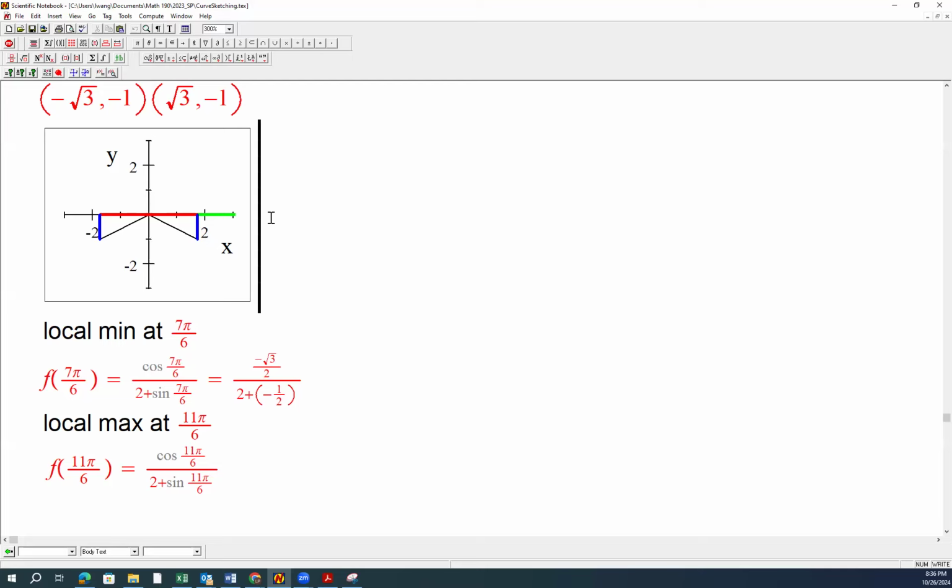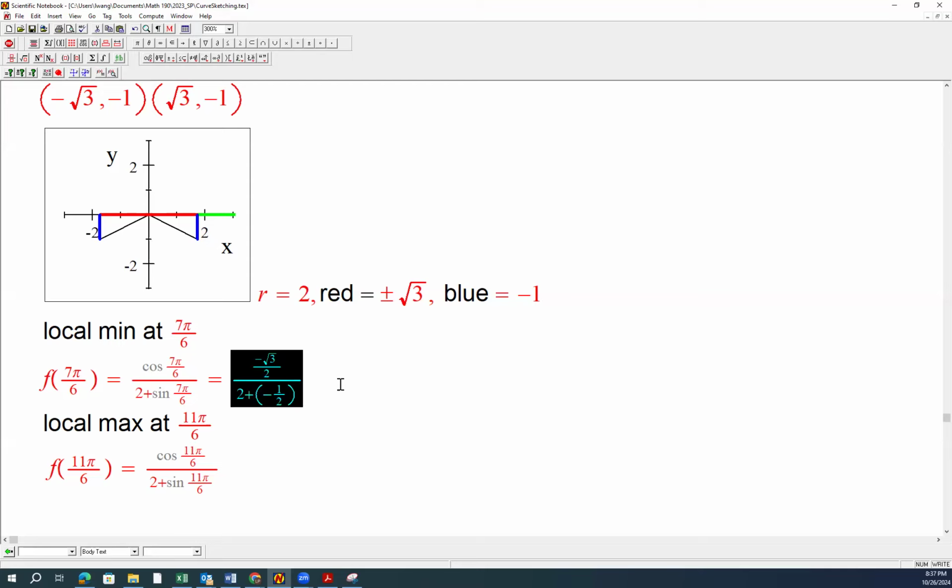Because in this picture, we just recall what we got: r equals 2, the red equals positive or negative √3, depending on which terminal, and the blue equals negative 1. Did I plug a number in correctly? Yeah, I think we got it.